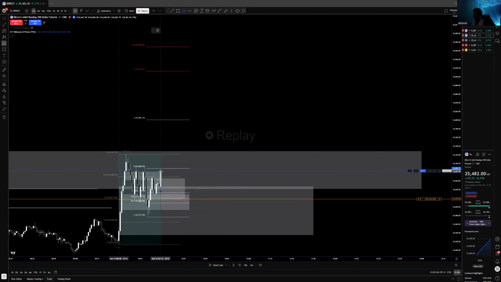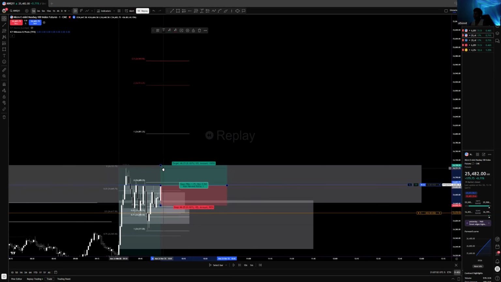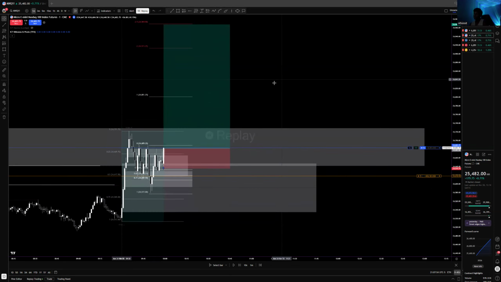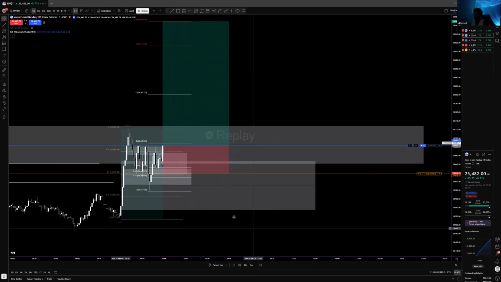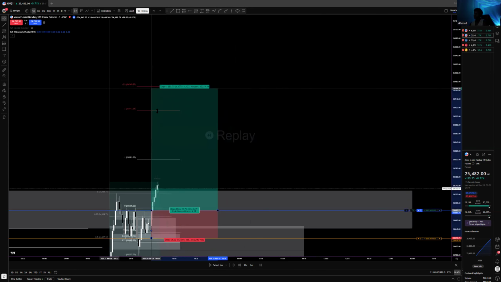On entry, my stops are going to be a little bit tight. The stop is going to be below that. So not even that.